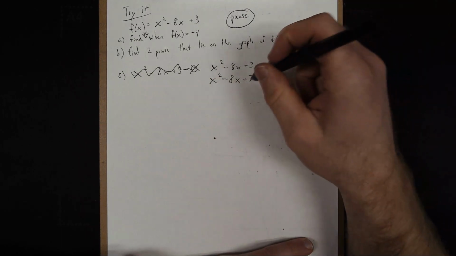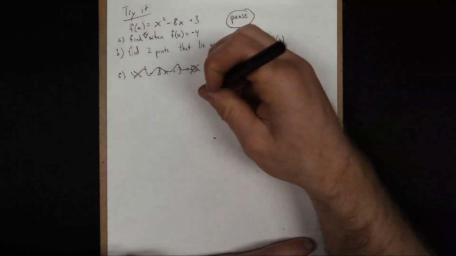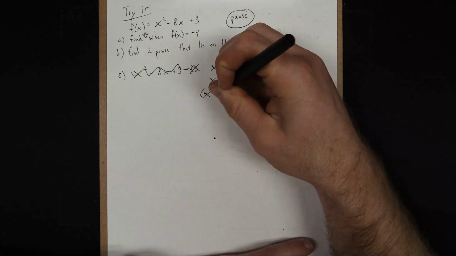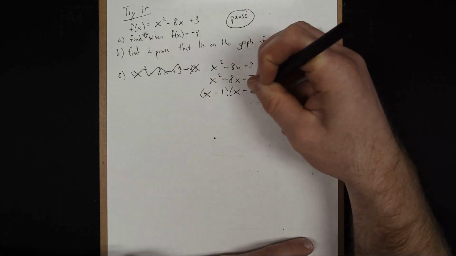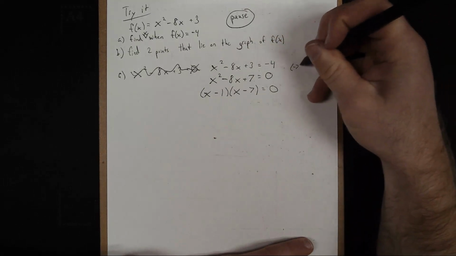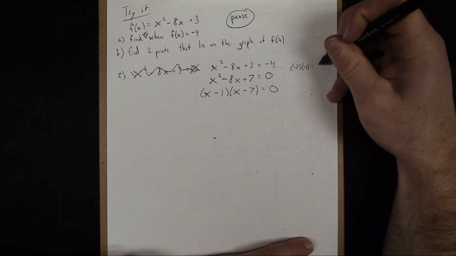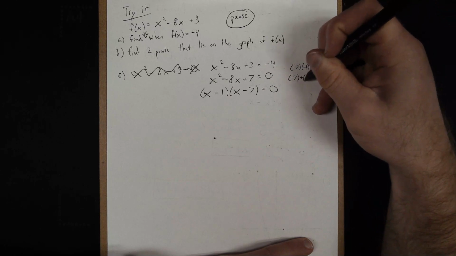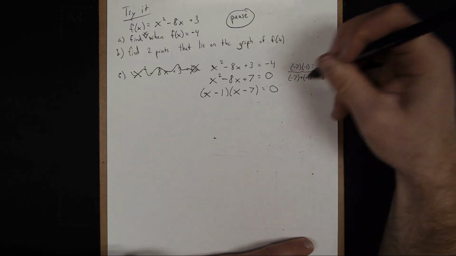Now we need two things that multiply to be 7, add to be negative 8. So it's going to be x minus 1 and x minus 7 is equal to 0. So we can check off to the side. Negative 7 times negative 1 is 7. Negative 7 plus negative 1 is negative 8.